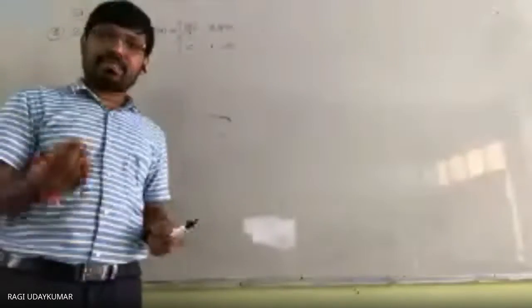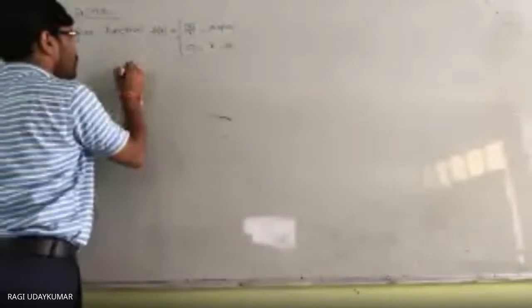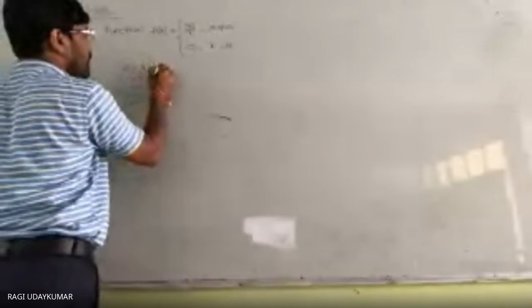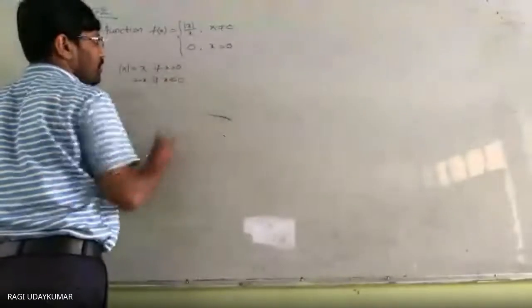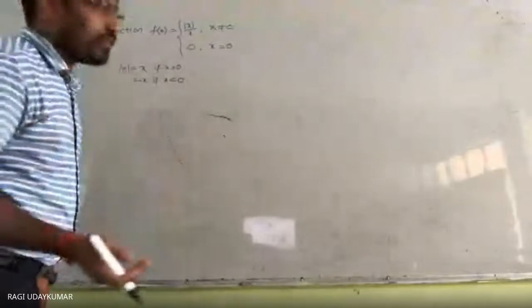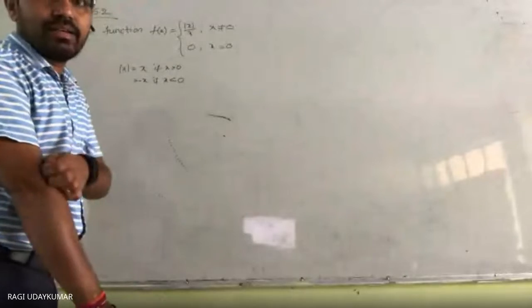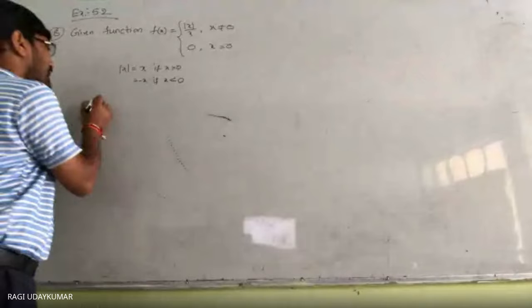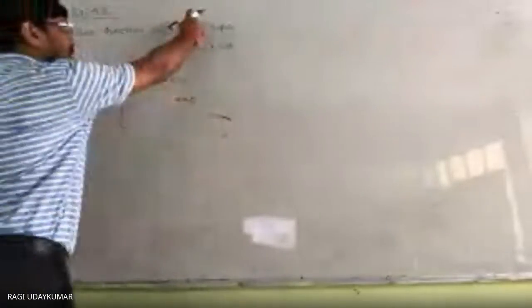We know that mod x is equal to plus x itself if x is greater than 0. So mod x is equal to x only if x is greater than 0, and it is equal to minus x if x is less than 0. So we are going to have the situation x is less than 0 in one way. Then the given function can be rewritten as f of x is equal to, if x is less than 0, in place of mod x write minus x.